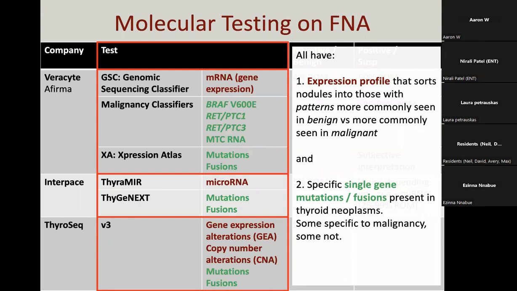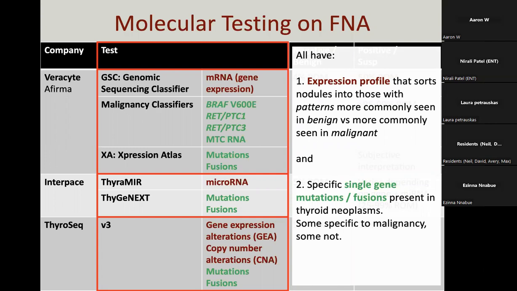They do some kind of gene, microRNA, or messenger RNA expression profile that sorts nodules into global gene expression profiles that are more commonly benign versus more commonly malignant. And then they have a specific panel for gene mutations and fusions that may predict a thyroid type of neoplasm, some being specific to cancer and some not.